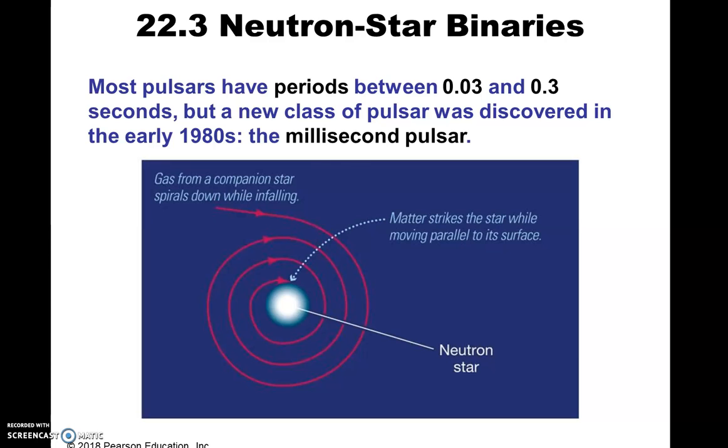And so with these millipulsars, we think that we had an accretion disk that's rotating around in the same direction as the neutron star, and then the matter falls on in just such a way, so it's almost perpendicular to the rotation axis, that it speeds up the rotation, right?